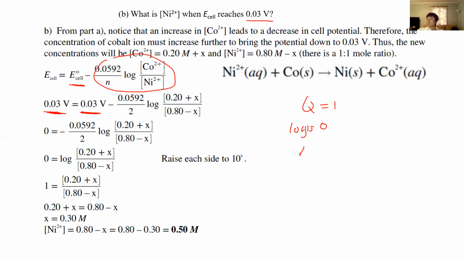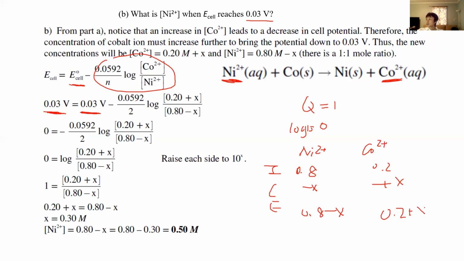At the beginning, the nickel concentration is 0.8 and the cobalt concentration is 0.2. So that's the initial. And the change will be minus x and plus x: the amount of cobalt 2 being produced is the amount of nickel 2 being consumed. So at equilibrium, you have 0.8 minus x for nickel 2, and 0.2 plus x for cobalt 2.